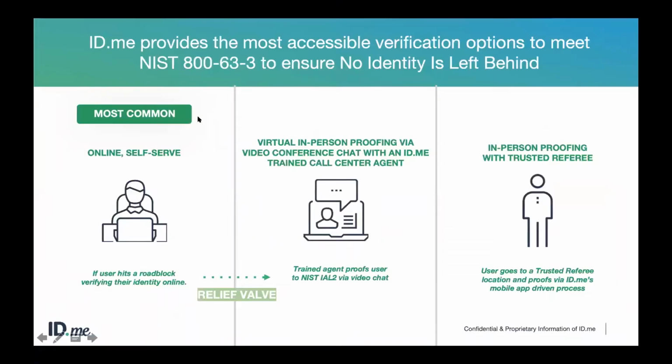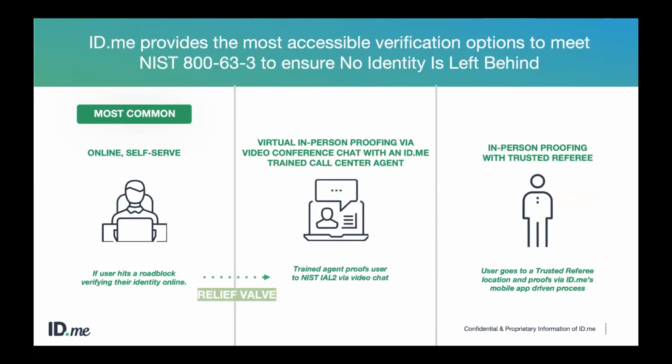What I just walked you through is the NIST 800-63-3 IAL2 verification. Our most common way to verify is the demo I just showed through our online self-service flow. But I'm sure a lot of you are thinking, that seems pretty involved for a way for people to verify, there must be some fall off. ID.me has a couple of different solutions built in to help individuals verify.